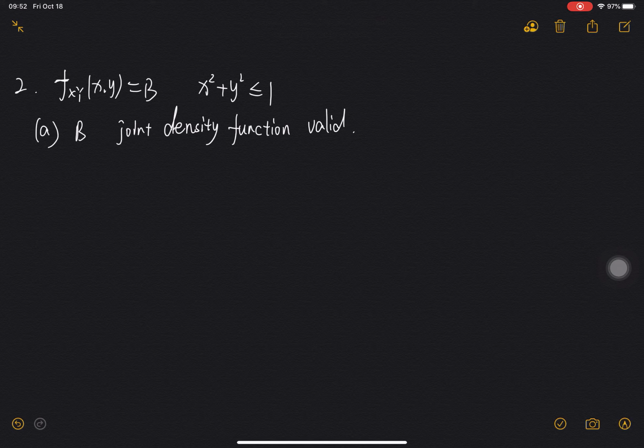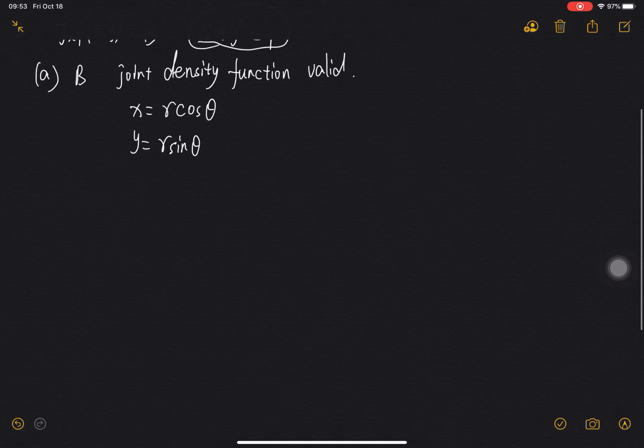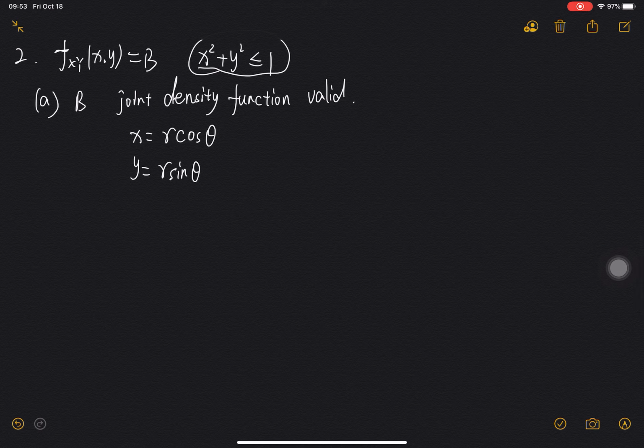So because we have this definition region, we can transfer this random variable to polar coordinates like this: x equals r times cosine theta and y equals r times sine theta. And the definition region in polar coordinates should be r squared smaller than 1.